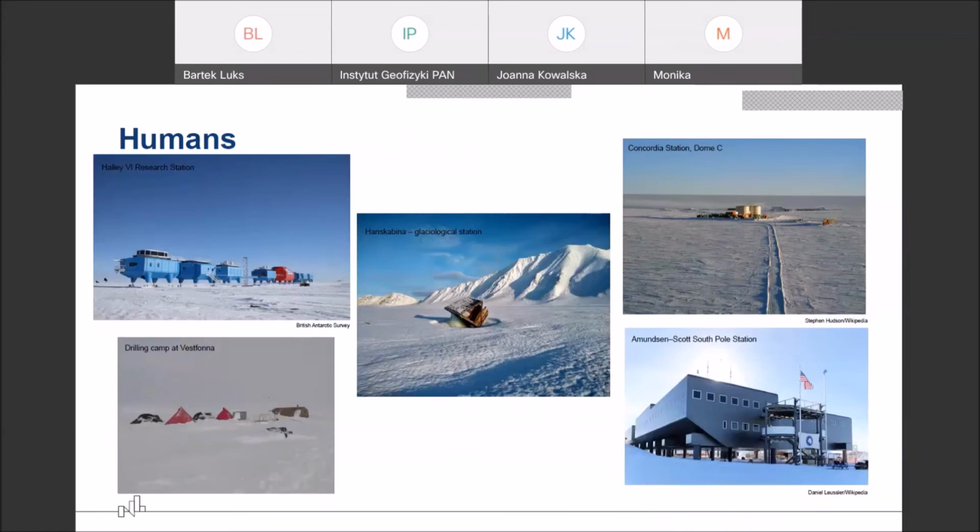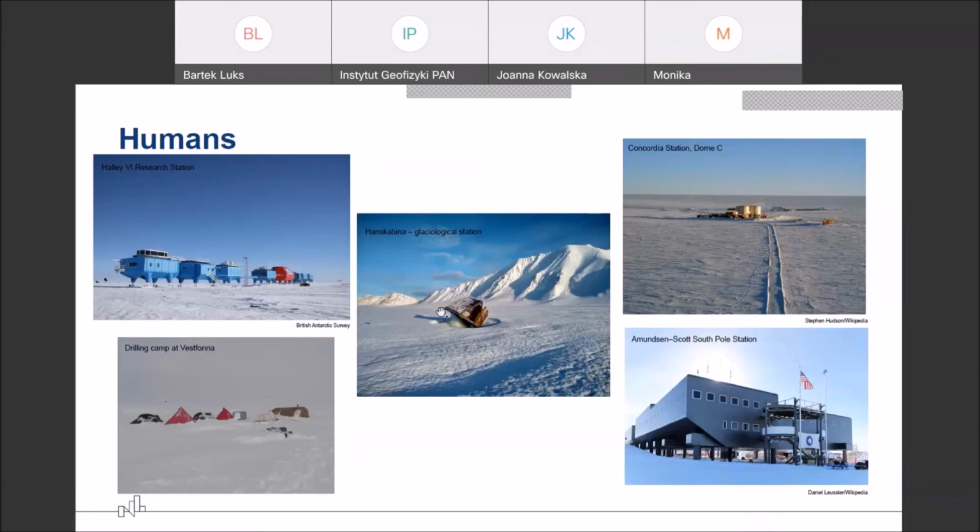And the last creatures that inhabit glaciers are us humans, and this can be temporary, like for 2-4 weeks, as we did years ago on Westfonna ice cap. We drilled for an ice core and stayed on the top of the ice cap for several weeks in a tent. This could be temporary shelters like Hans Cabin on Hansbreen in Svalbard.